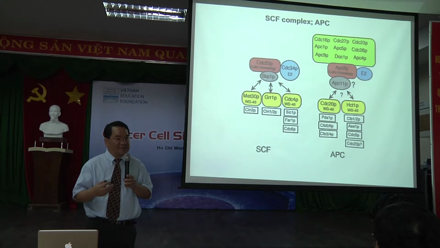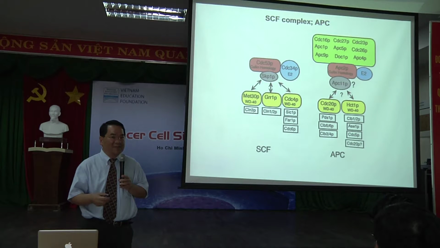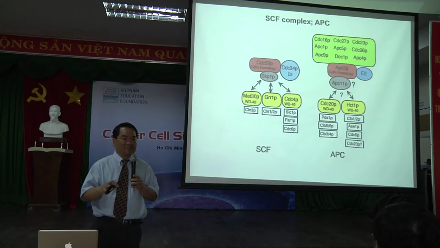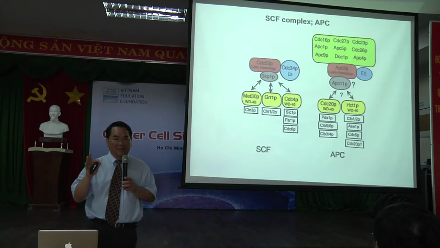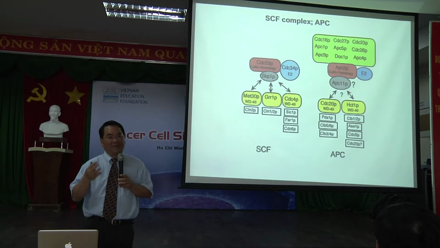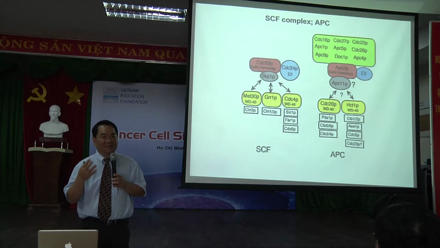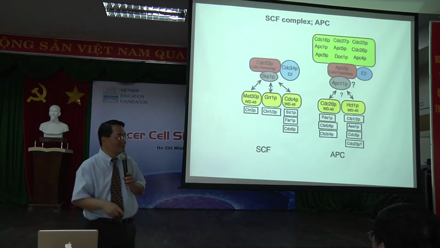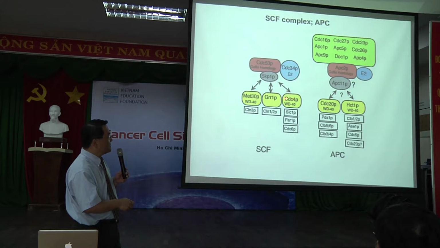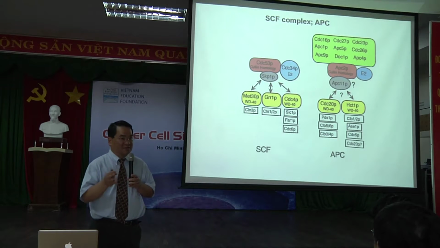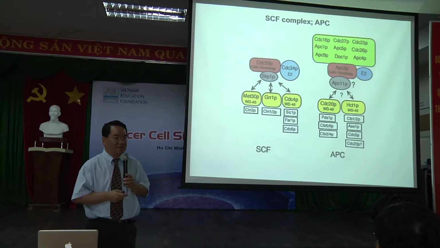That's the reason I say the original study in the cell cycle was done in yeast a lot. And all these three Nobel Prize winners were basically doing yeast genetic studies. So now you get these names, all these CDC, based on the yeast genetic study.